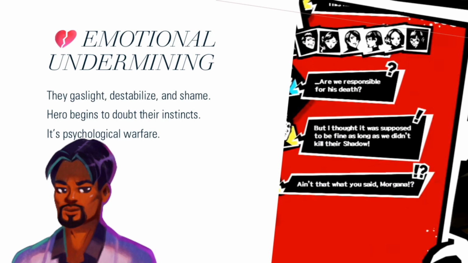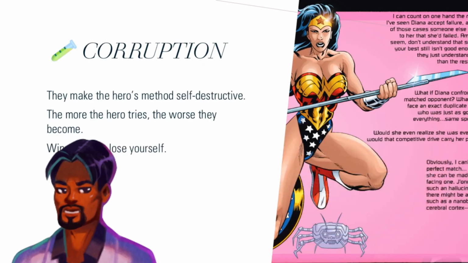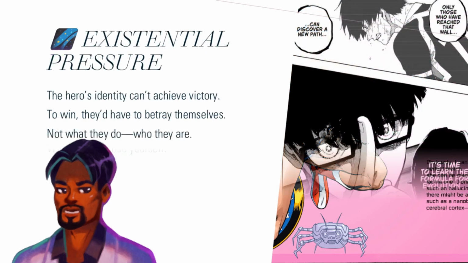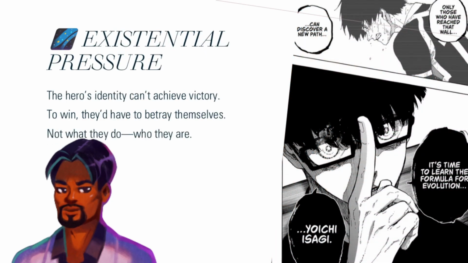Some antagonists prefer emotional undermining. They gaslight, shame, destabilize. They twist the emotional stakes until the hero second guesses their own instincts. This is psychological warfare, perfect for controlling, intimate, or manipulative villains. And, of course, there is corruption. They don't stop the hero's method, they make the method itself become the problem. The hero starts becoming someone they hate just by trying to win. And finally, there is existential pressure.